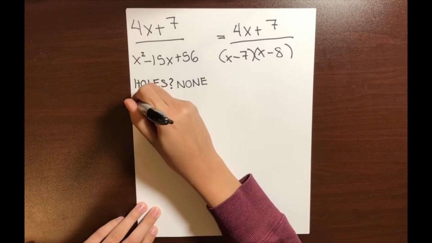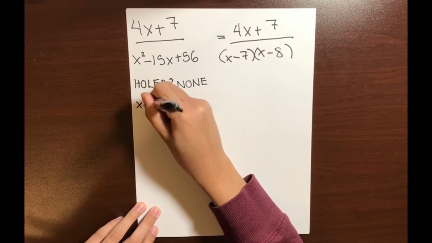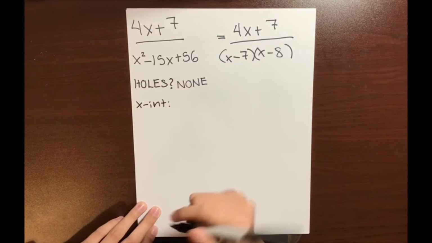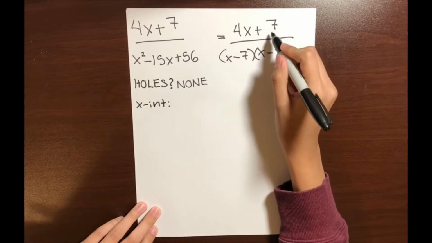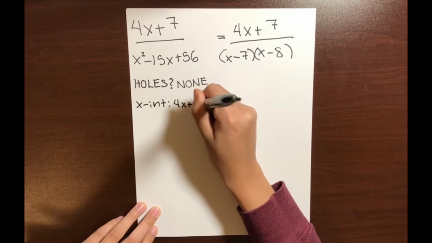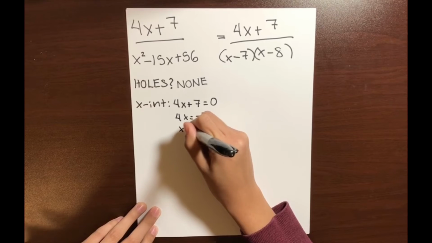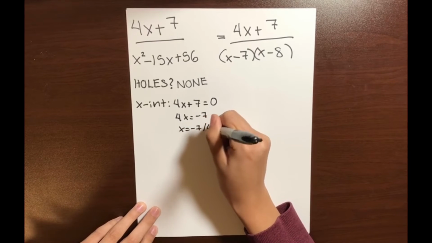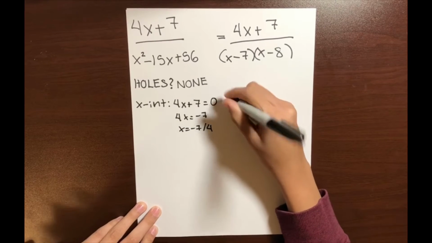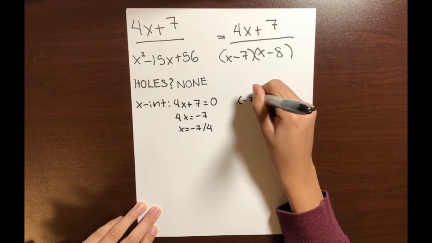Next, find your x-intercept by setting your numerator equal to 0, which will be 4x plus 7 equals 0. And your result will be x equals -7 over 4, making it -7 over 4, 0.